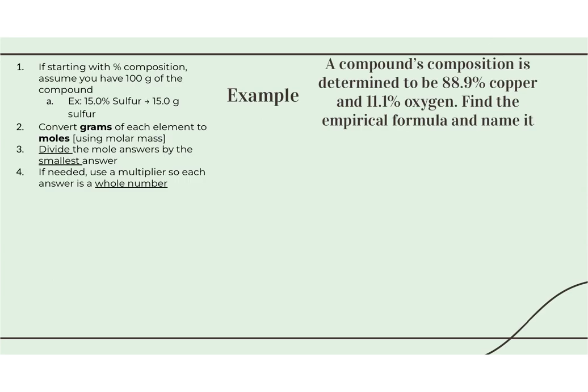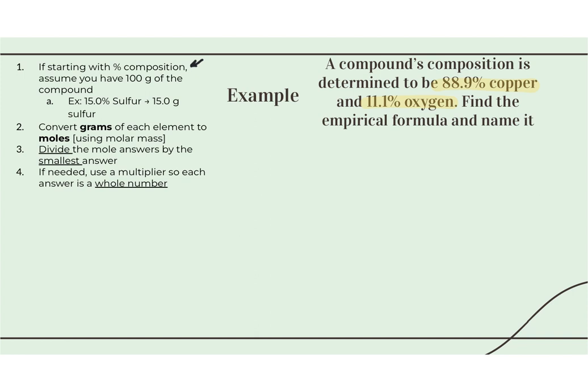So let's say we're starting with this first one. We have a compound whose composition is determined to be 88.9% copper and 11.1% oxygen. So what we're going to do is find the empirical formula and we're going to name it. So I know in this case, I'm only working with 2 elements. So my first step I'm going to be doing here, I'm starting with percent composition.